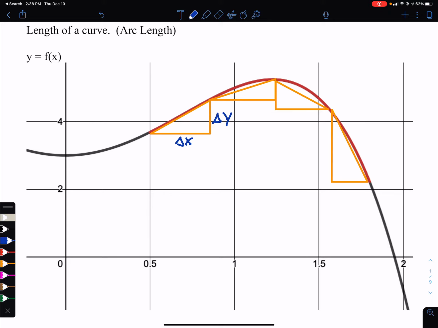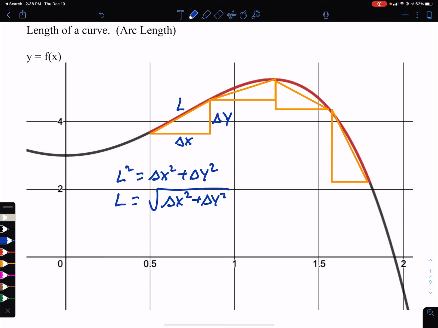Let me call it L. We'll call this side L. And L squared is delta x squared plus delta y squared. So L will be the square root of delta x squared plus delta y squared.